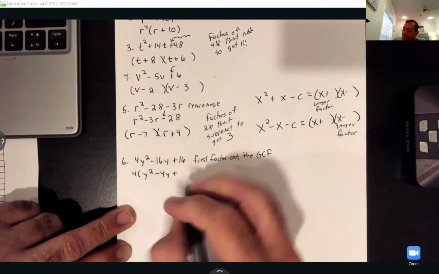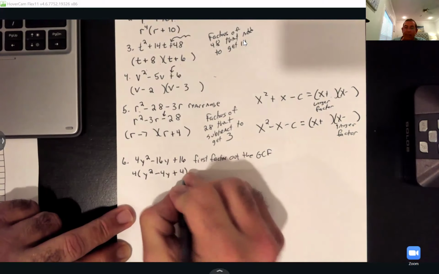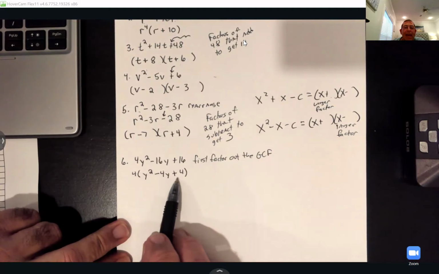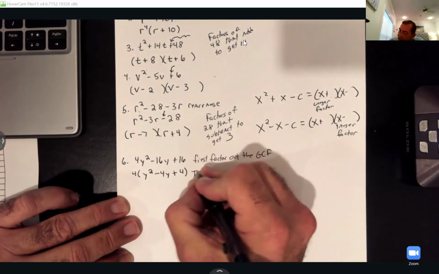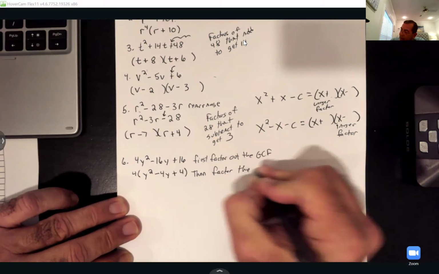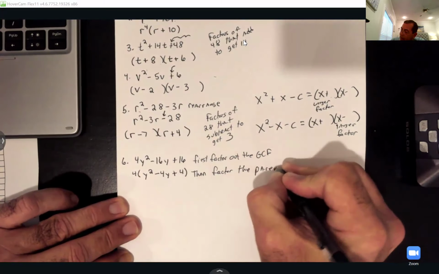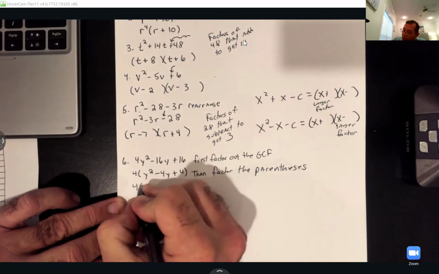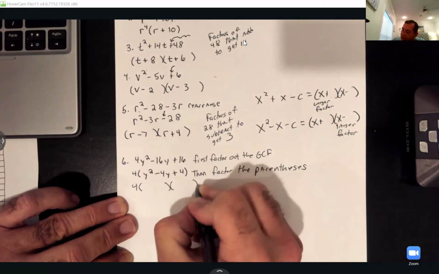Plus 16 divided by 4 is a 4. And then we got to factor the parentheses. So bring down your 4 and make your parentheses.